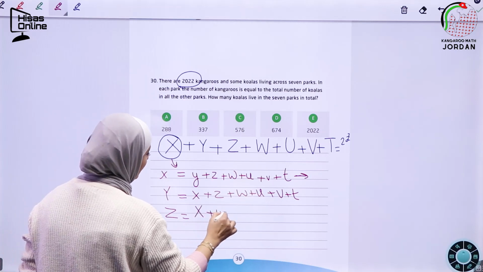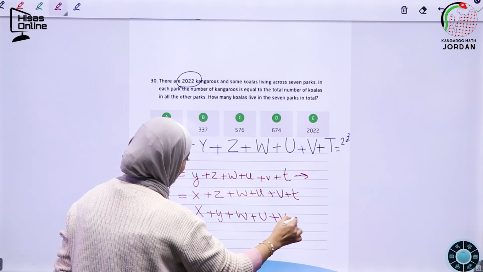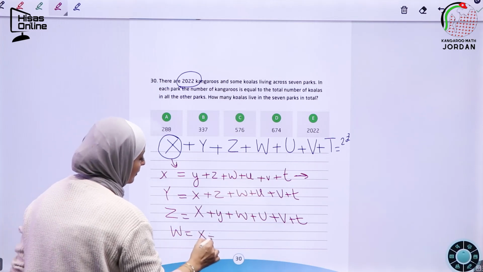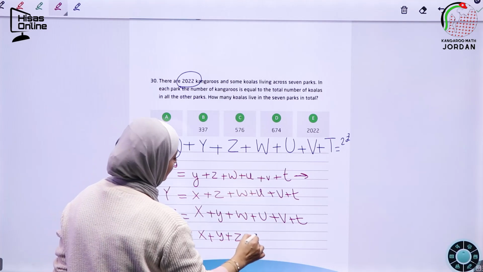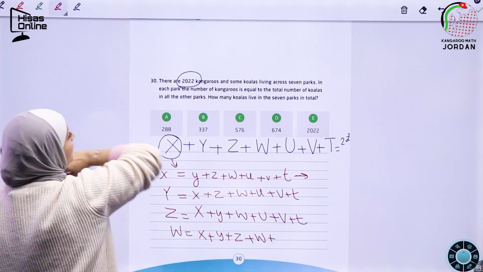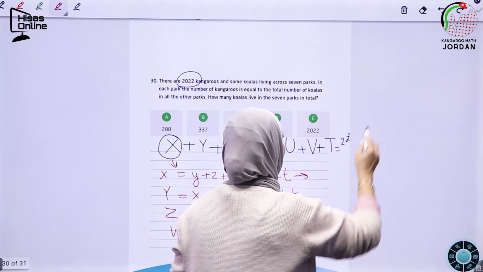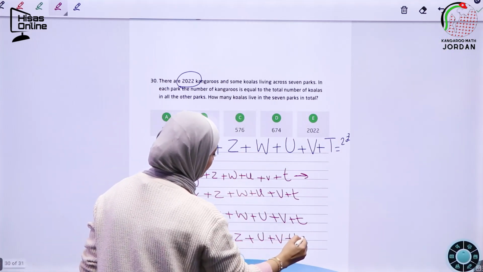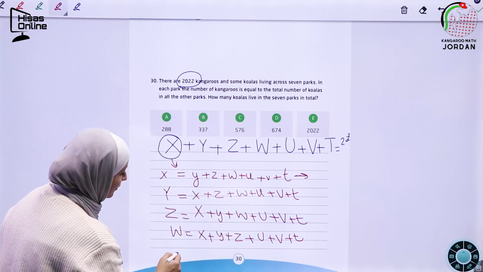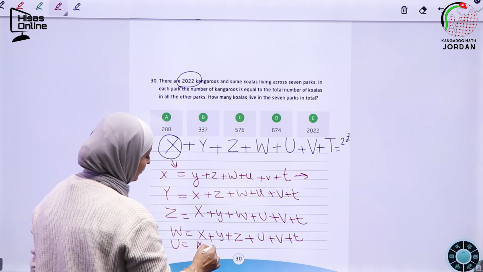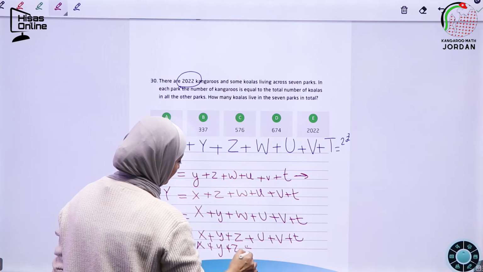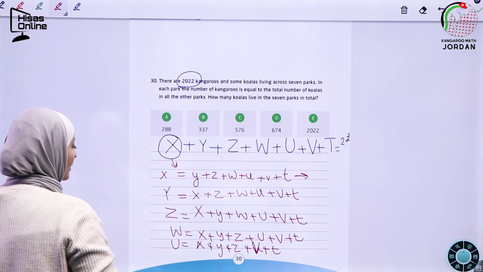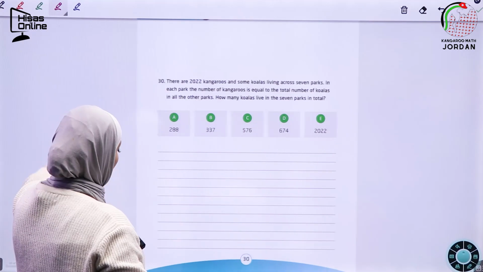So it's X plus Z, up to plus T. Then we have W. Sorry, in this case we don't mention the W. Same thing, we just don't take the U. And we'll keep doing this for all variables.